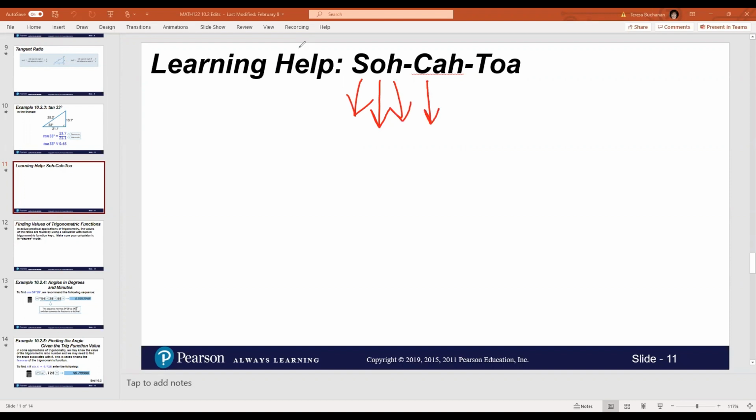The C is cosine, adjacent over hypotenuse. This is tangent, opposite over adjacent. So if you can remember SOHCAHTOA, you'll have basically all of those definitions memorized. Also be aware, though, that these will be available and defined for you on a formulas sheet for the exam. By then, though, you may not need them. But if you do, you'll have them.